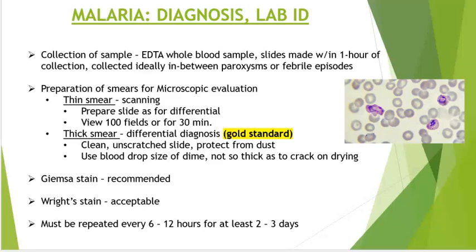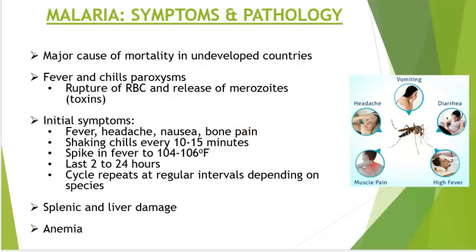As far as the stain that's recommended for malaria, you want to use the Giemsa stain, but a Wright stain is acceptable. And the testing must be repeated every 6 to 12 hours for at least 2 to 3 days.